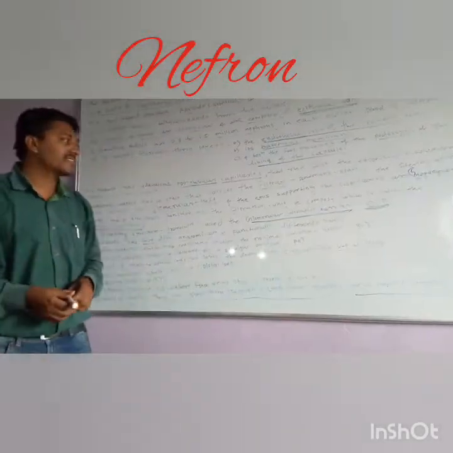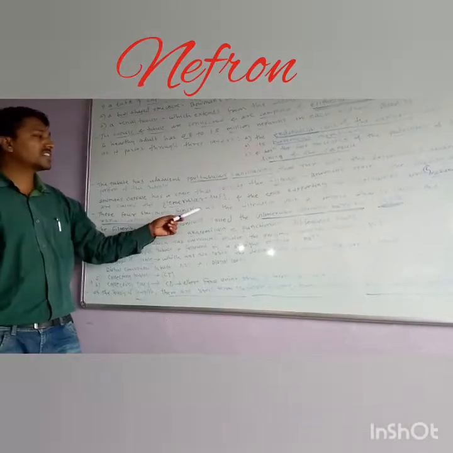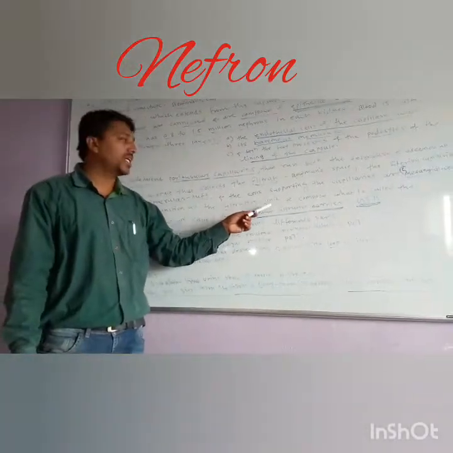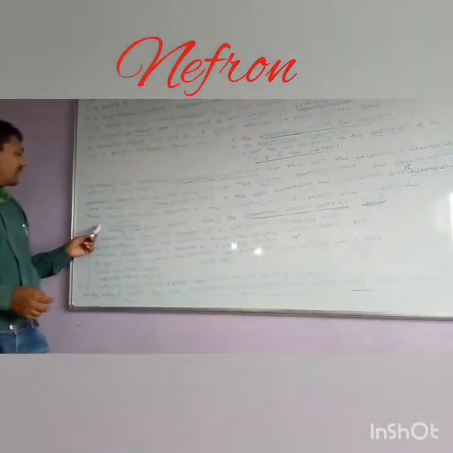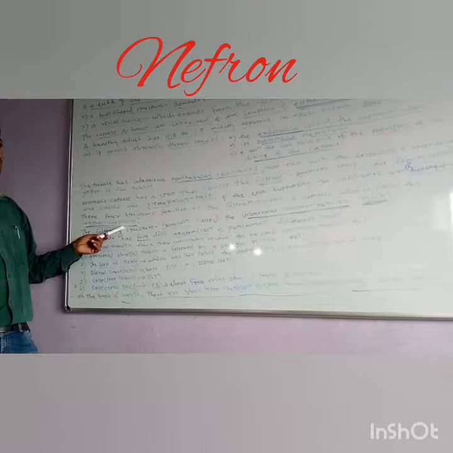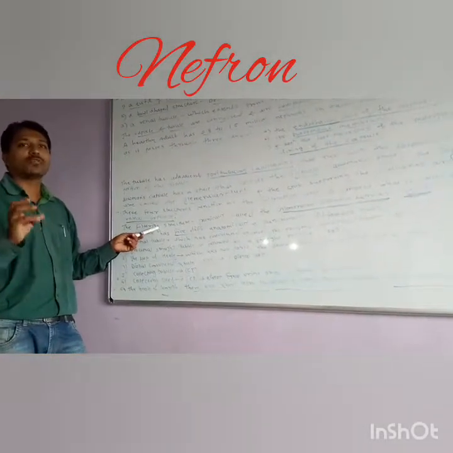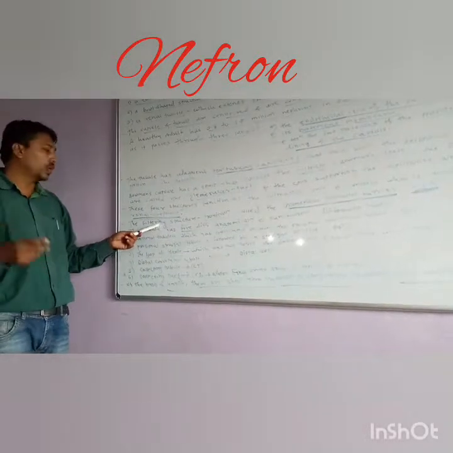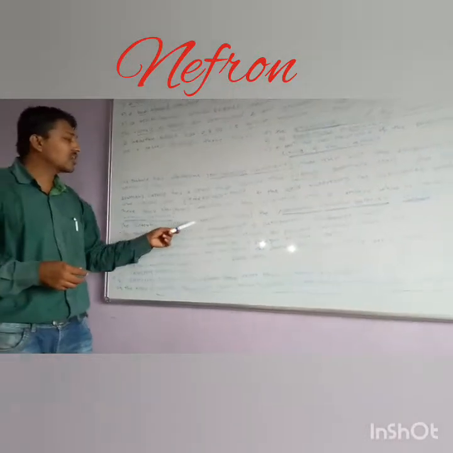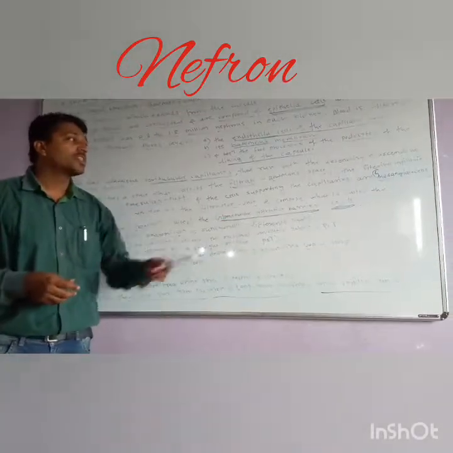These four structures function as the filtration unit and compose what is called the renal corpuscle. This means the glomerulus is also called the renal corpuscle, where blood is actually filtered and converted into nitrogenous waste, urine. The filtering structure is called the glomerular filtration barrier, GFB.